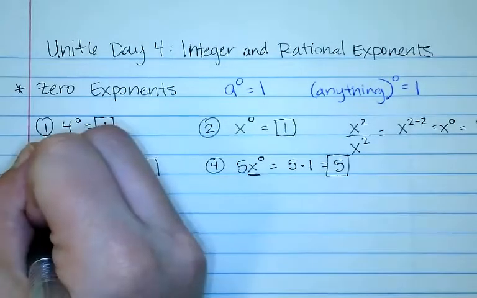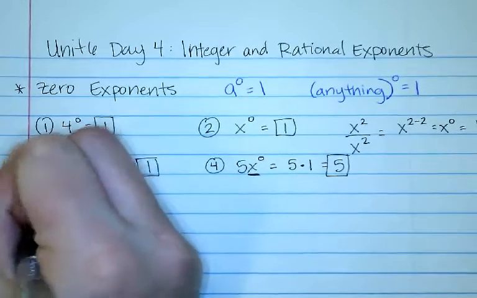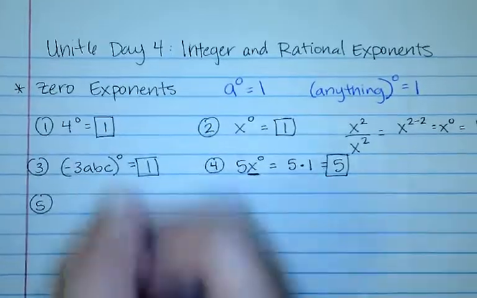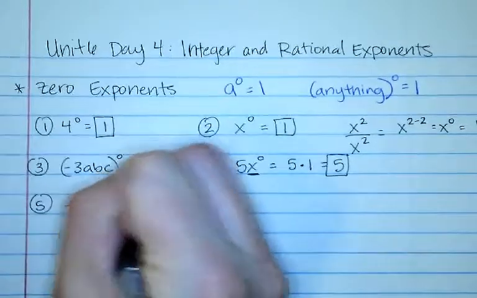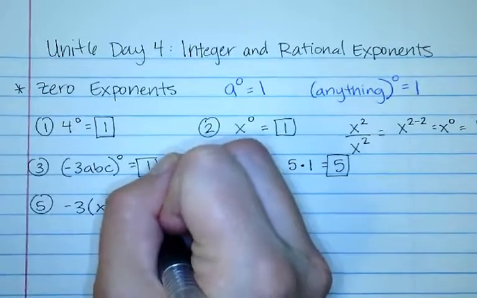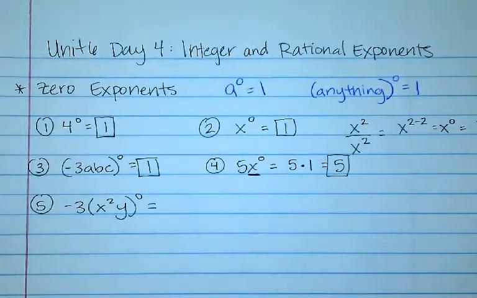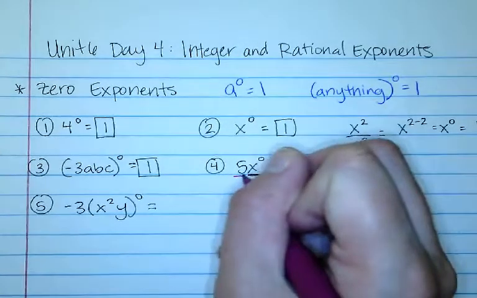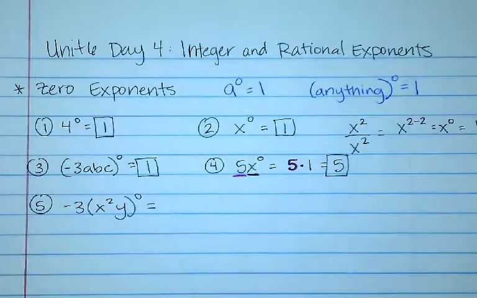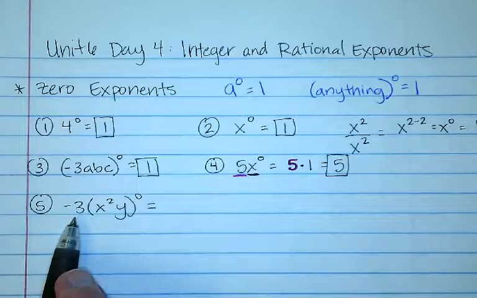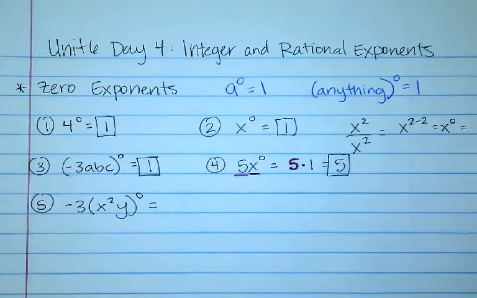And then one last little example here I will do for you guys. We're going to do negative 3 times x squared y, raised to the 0 power. So guys, what is this going to be equal to here? Remember, the 5 was our coefficient, which is why we didn't raise it to the 0 power. So do I raise this negative 3 to the 0 power, y'all?